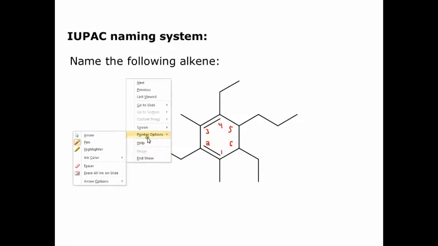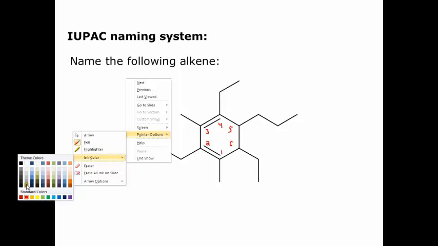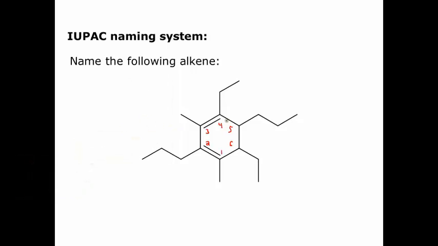Or do I go counterclockwise? And if I go counterclockwise, it would make sense to start with my numbering system here. Again, I'm just trying to give priority to those double bonds, making sure that the double bonds have the lowest possible number. So those are my two choices that result in my double bonds having the lowest position. So it's going to be the branches that have priority.